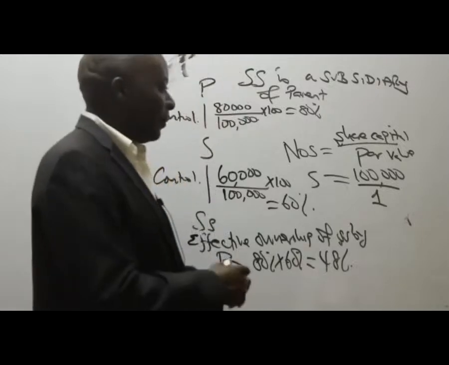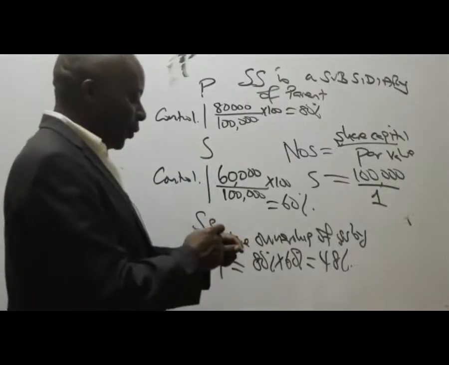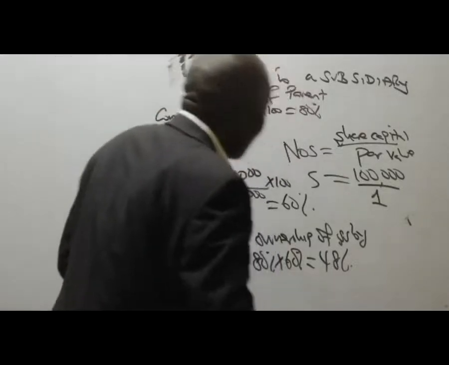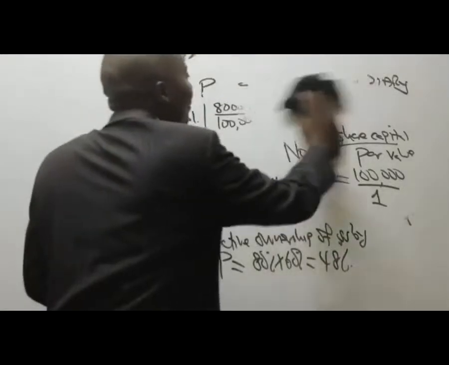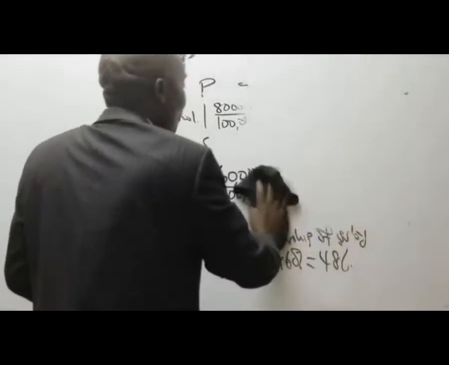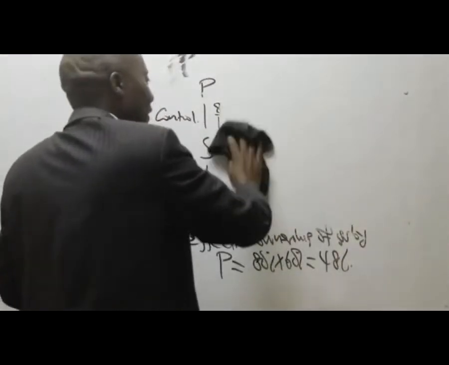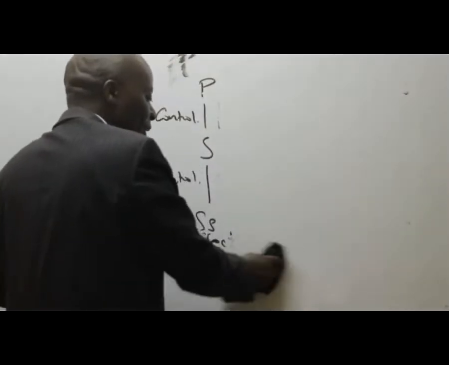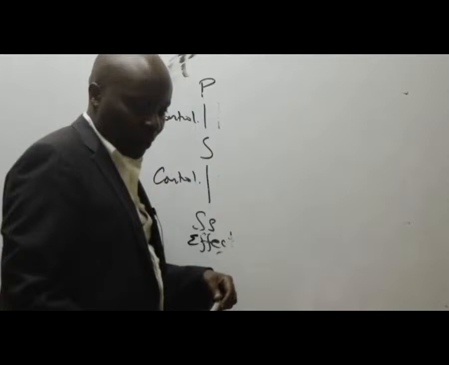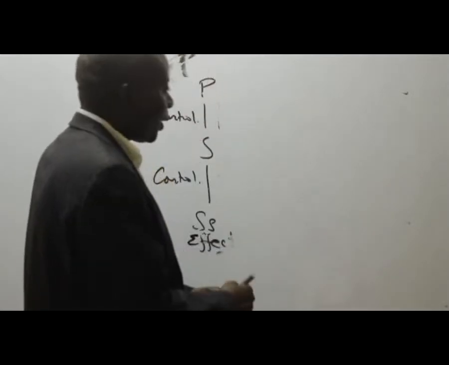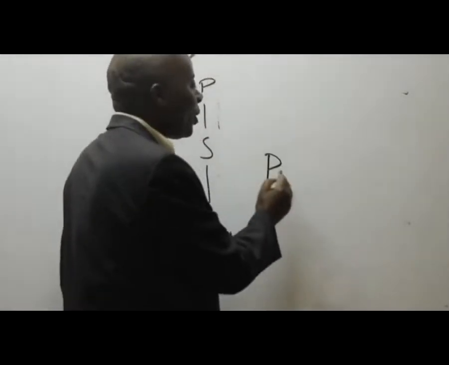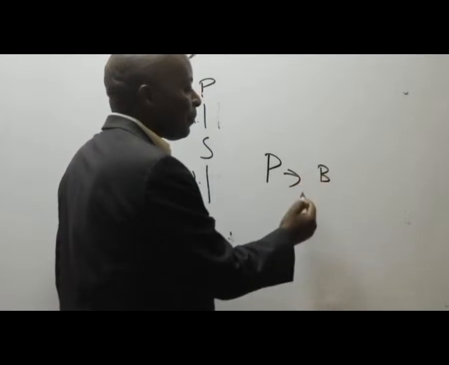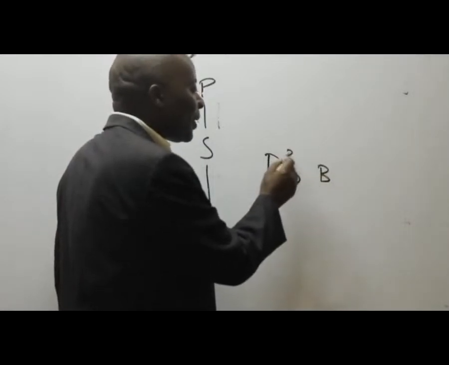So remember what we said when we started? We said, ladies and gentlemen, that really it's not about a game of numbers. I told you this. According to IFRS 10, it's no longer about numbers. And this has confused so many students of advanced level to get a zero in the entire question. They'll tell you that P owns a company called B. They'll tell you that P owns 30%.